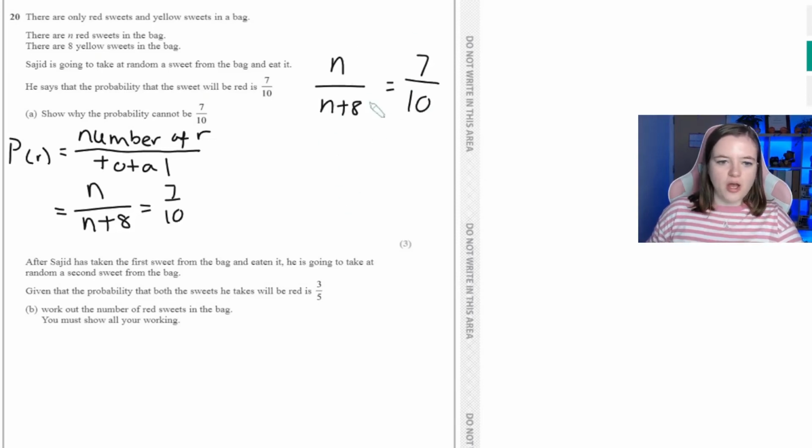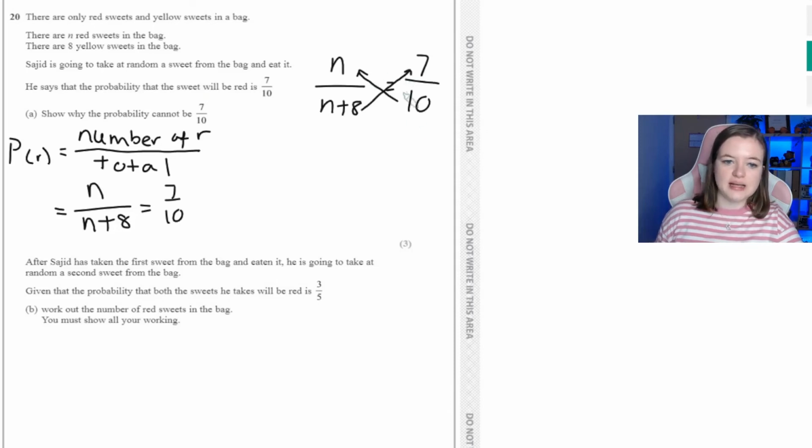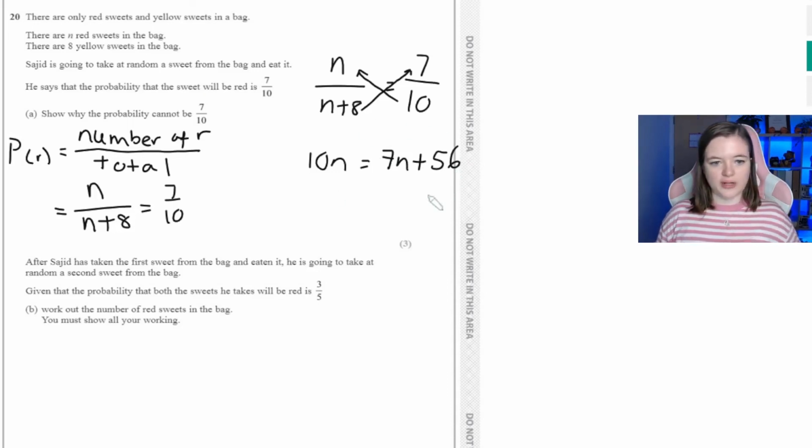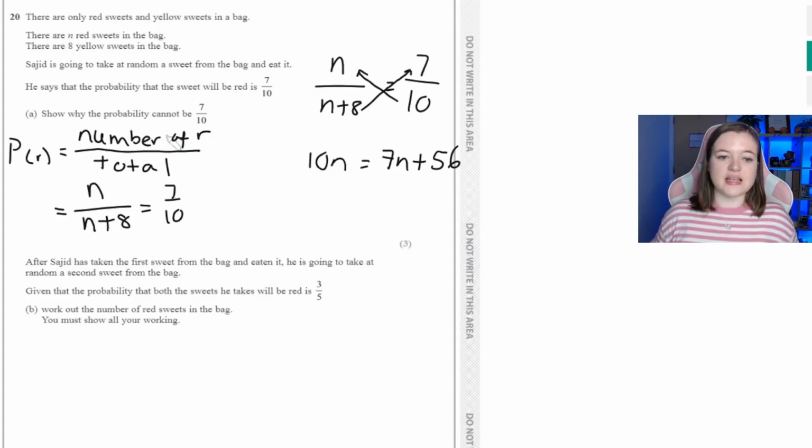So I'm seeing fraction equals fraction. Fraction equals fraction always means cross multiplication. I'm going to cross multiply these, 10 times n to get 10n, and 7 times n plus 8 to get 7n plus 56. Okie dokie. And then all I need to do here is rearrange this to get n on its own, essentially.